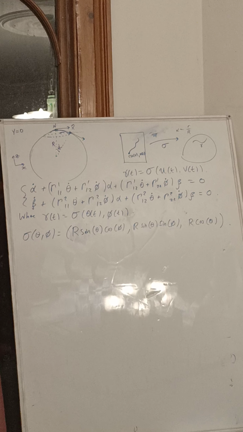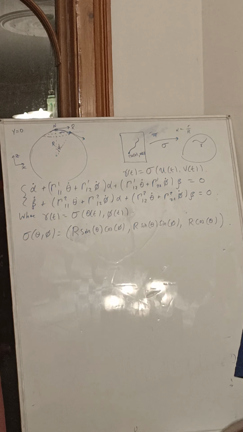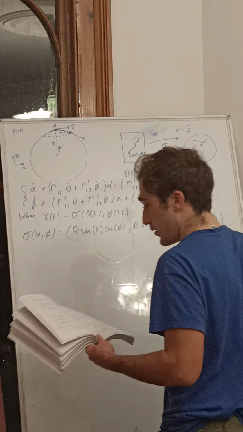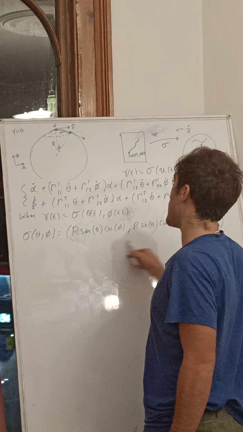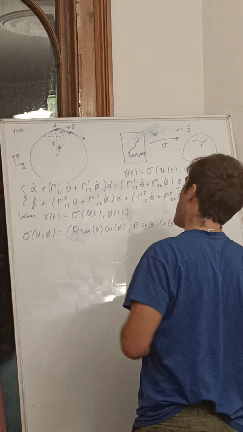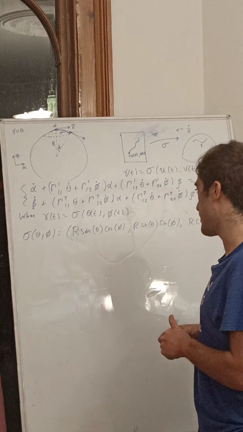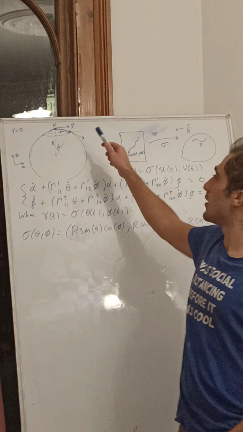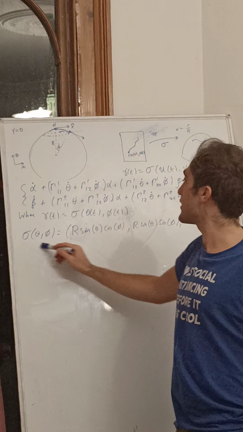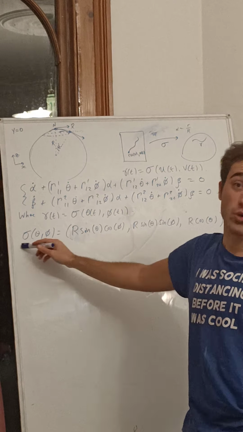Here is a parameterization of the sphere. In the book, they take almost this physics notation, except they've got pi over 2 minus theta in place of what we call theta, because the North Pole is a coordinate singularity.